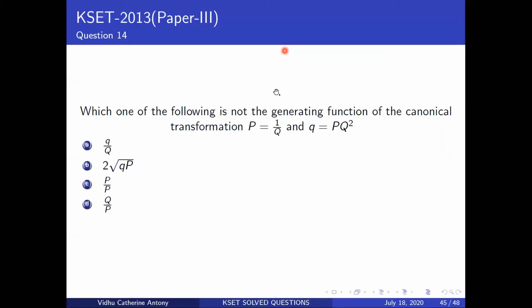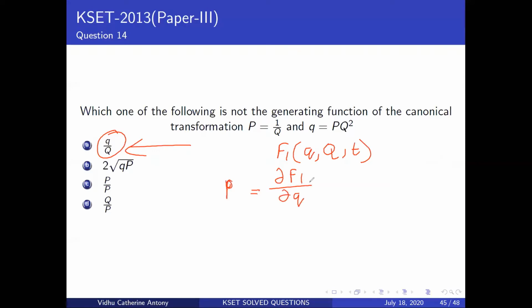So what I'm gonna do is look at the first function that I have. I know that F1 is a function of q and Q, and I have a t here. Let me take dou F1 divided by dou q, which should give me a p, and dou F1 divided by dou Q, which should give me a capital P. But what did I say?